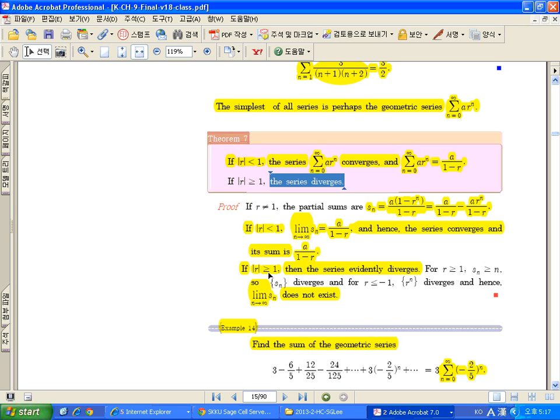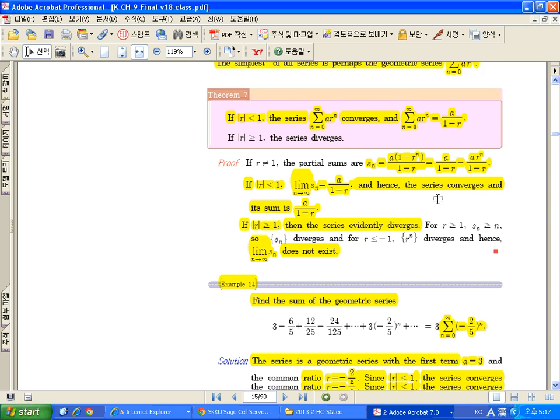If r is greater than or equal to 1, then it diverges, definitely. Because for the case when r is bigger than 1, Sn is always bigger than n, and if r is less than minus 1, then it diverges, so the limit does not exist. You know this fact well already.